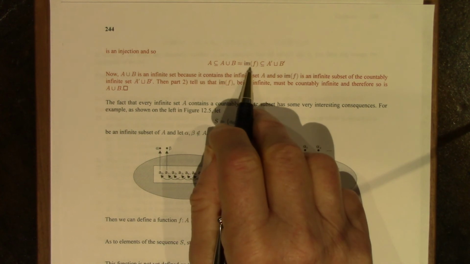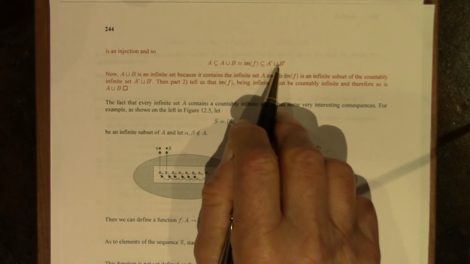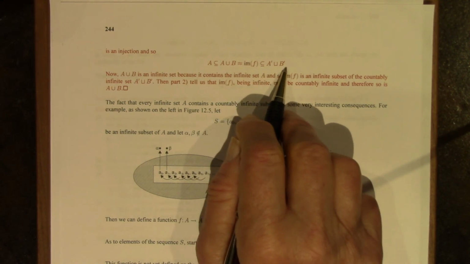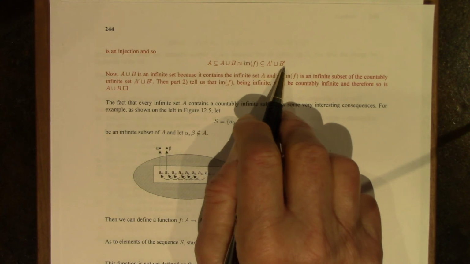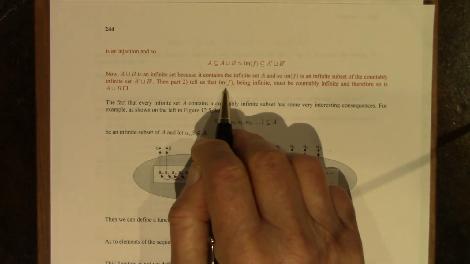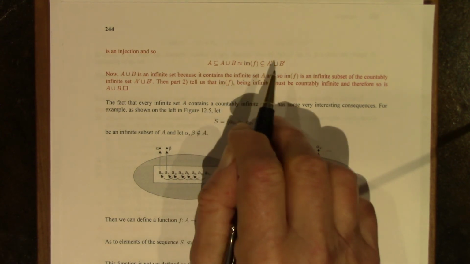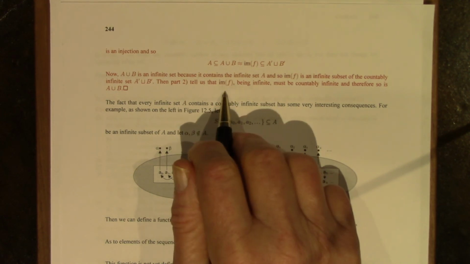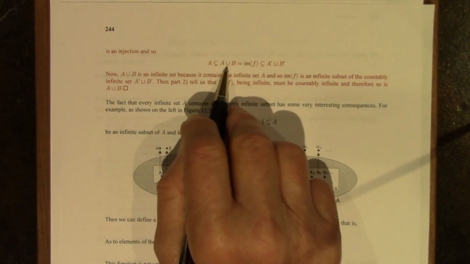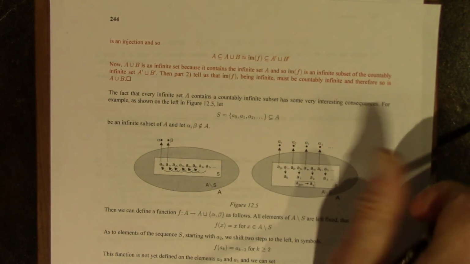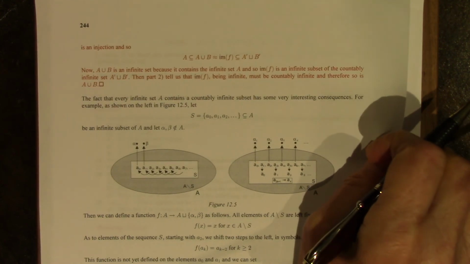And so the image of F is an infinite subset of the countably infinite set A prime union B prime. And part 2 then tells us that the image of F is countable because it's a subset of a countable set. But we already know it's infinite because it's equivalent to A union B, which is infinite, and so it has to be countably infinite.